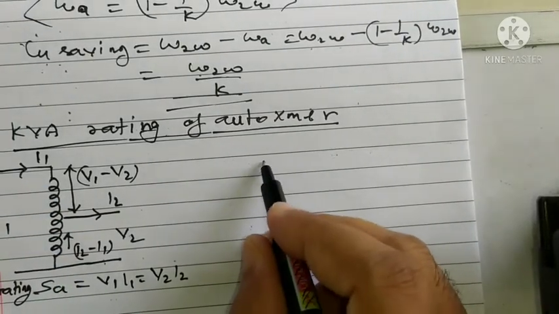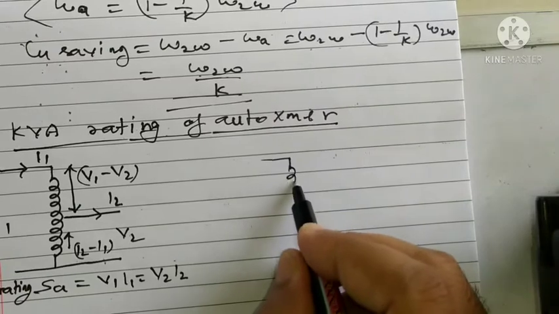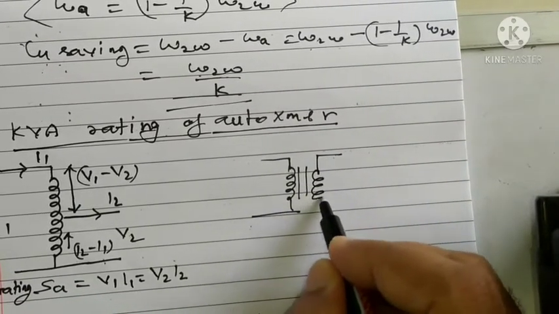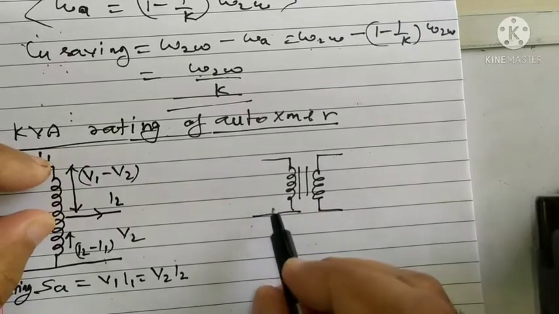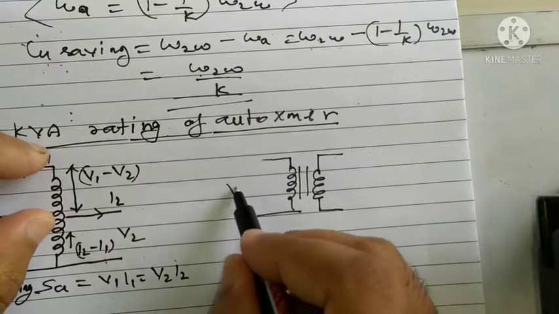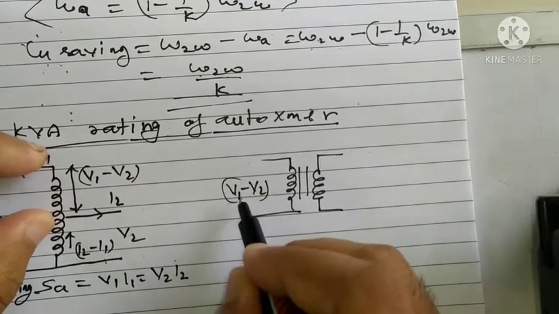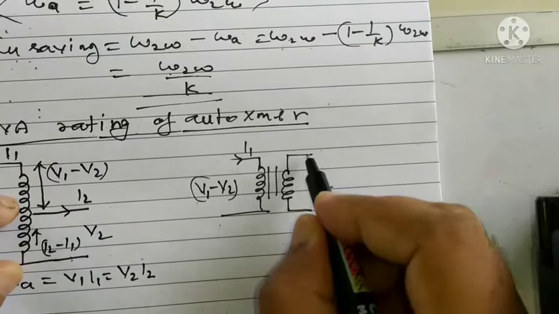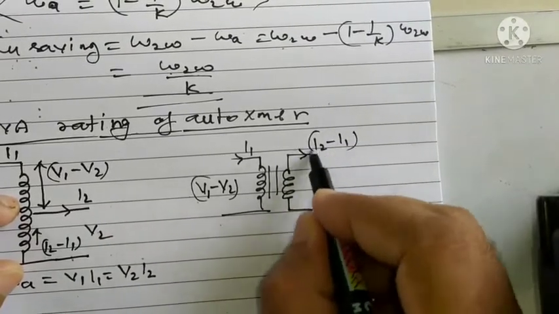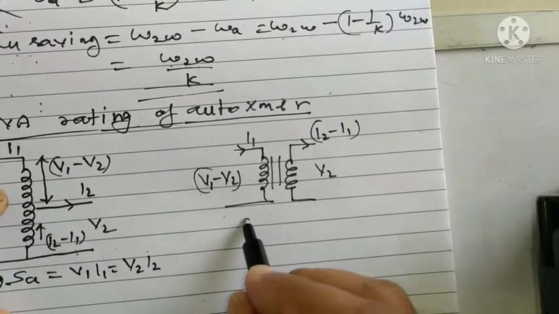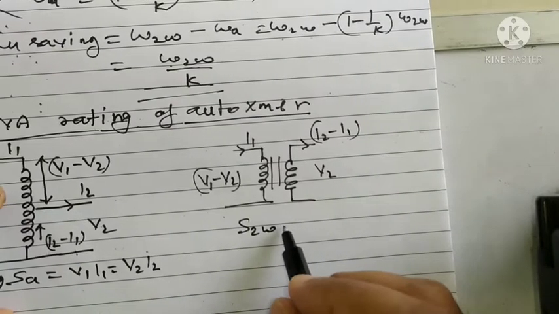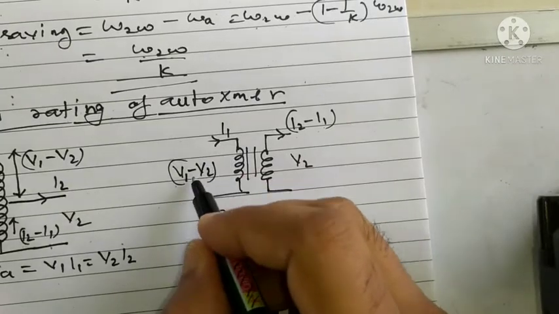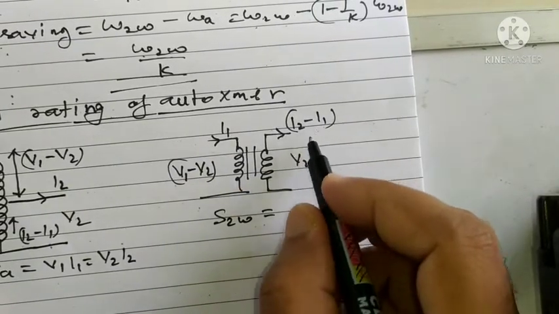So let me draw here the two winding transformer, right? This portion voltage is V1 minus V2. So here it is V1 minus V2 primary, and current here is I1, and in secondary voltage is V2 but current is I2 minus I1. And here if I have to write the two winding transformer kVA rating, I can take any side values, multiplication of this voltage and current or multiplication of this voltage and current.